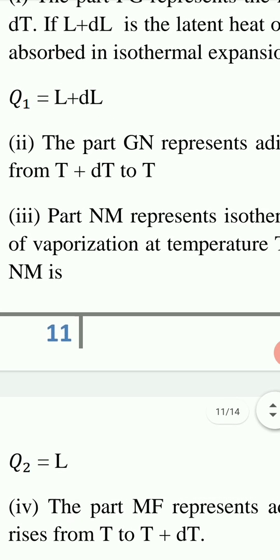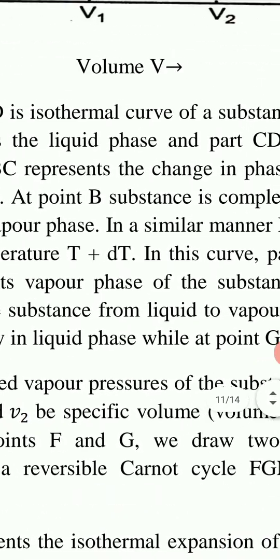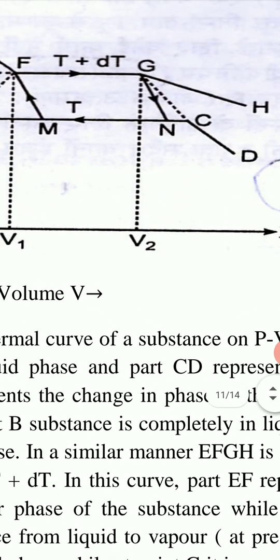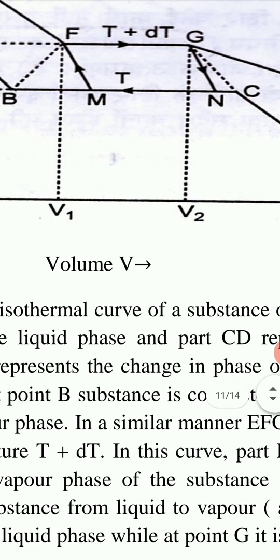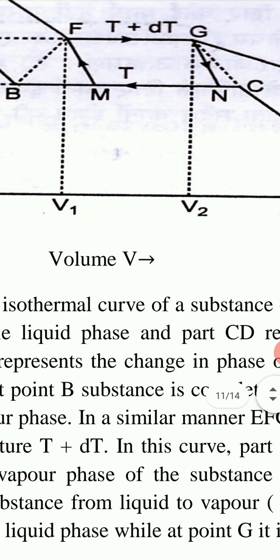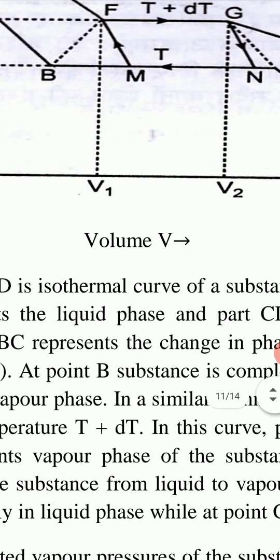In the second process, adiabatic expansion GN, there is no exchange of heat because it is adiabatic process. In the third process NM, here also state changes, and the heat is now released by the substance.